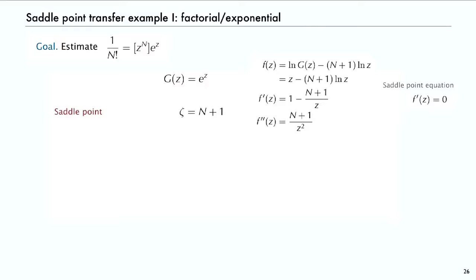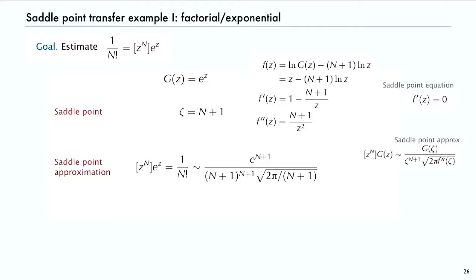So that's zeta equals n+1. And then the saddle point bound is just plug in zeta. Second derivative is 1 over (n+1). So the approximation that we get is e to the n+1 over (n+1) to the n+1, times the square root of 2 pi over (n+1).